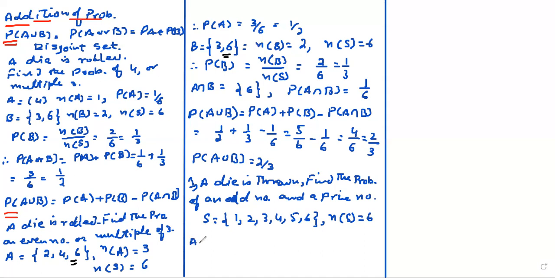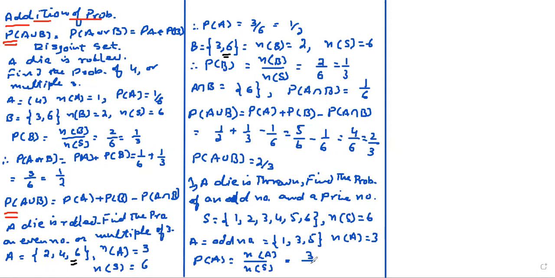A equals 1, 3, and 5, so n(A) equals 3. So probability of A equals n(A) divided by n(S), equals 3 over 6, which is equal to 1 over 2.